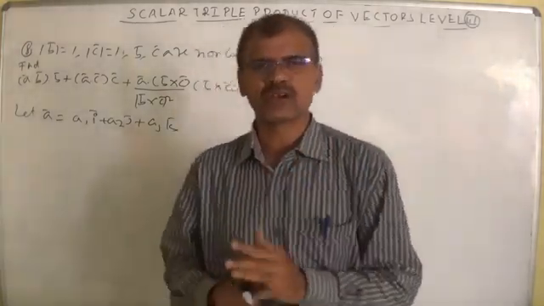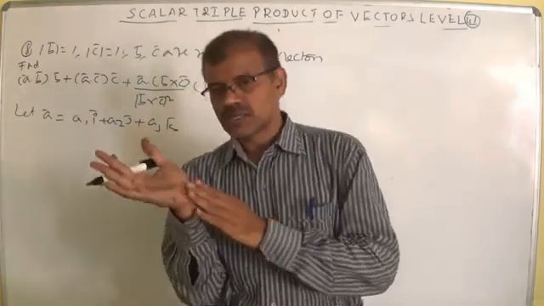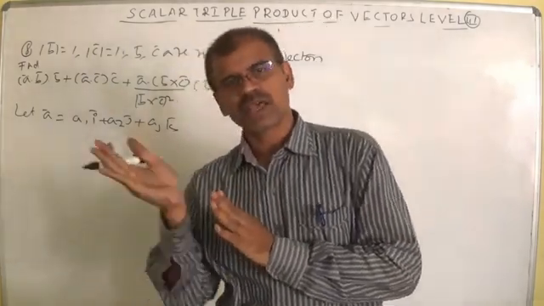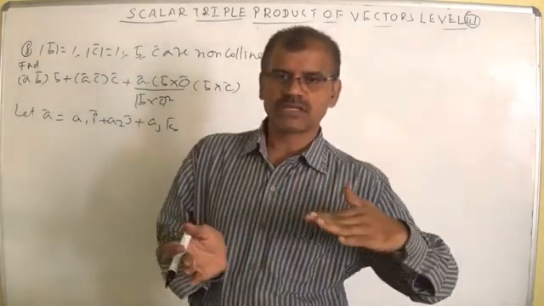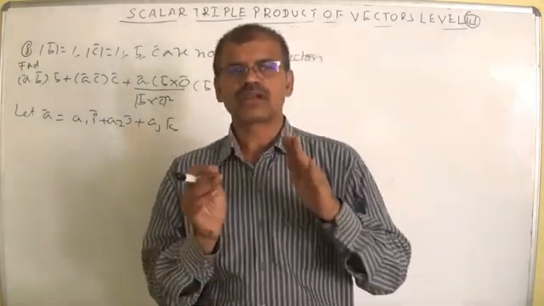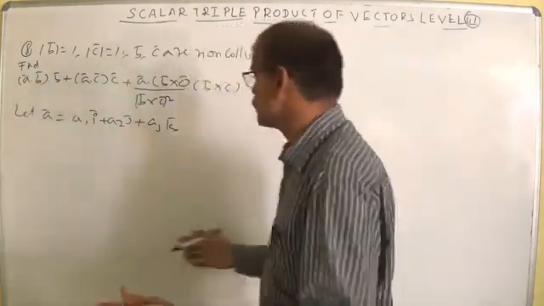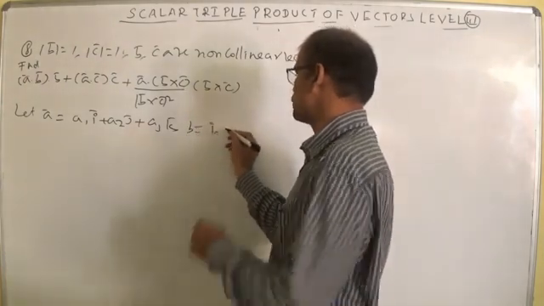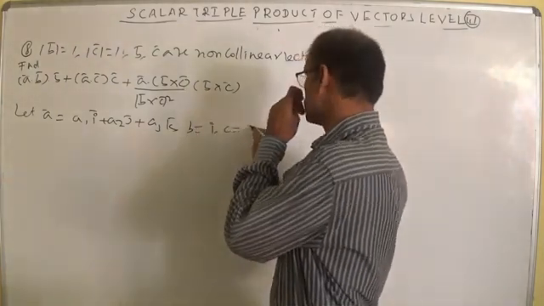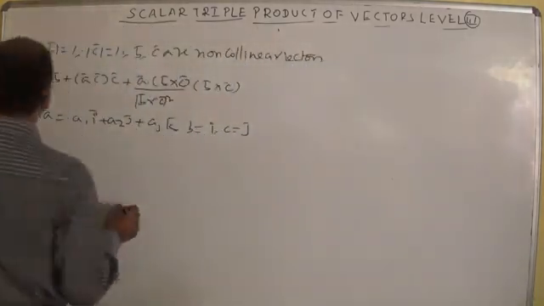Generally you can take this shortcut whenever non-collinear is given, because i depends upon the x-axis, j upon the y-axis and k upon the z-axis. They are not at all collinear; these are separate axes. Then you can write B is equal to i and C is equal to j.